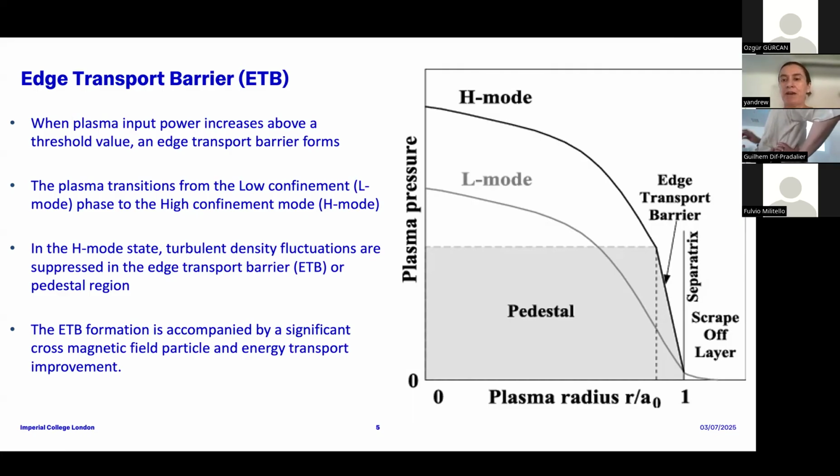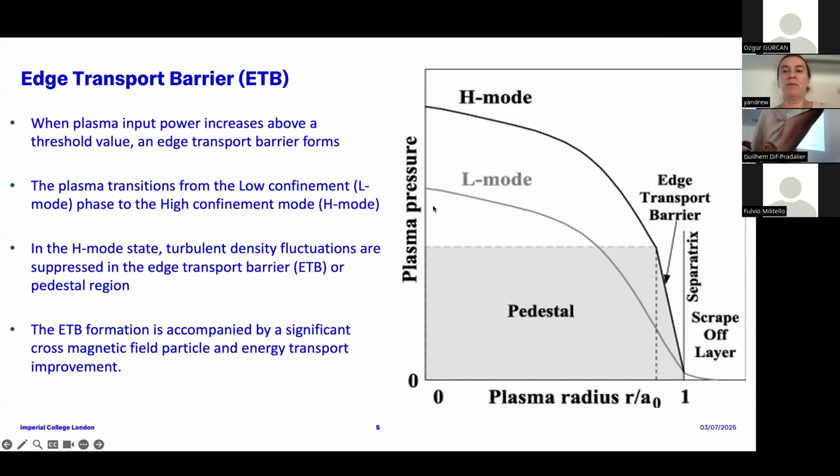This edge transport barrier is a very thin layer just within the separatrix, and is characterized by reduced turbulence. That reduced turbulence leads to improved confinement because we have less cross-field turbulent transport into the scrape-off layer.